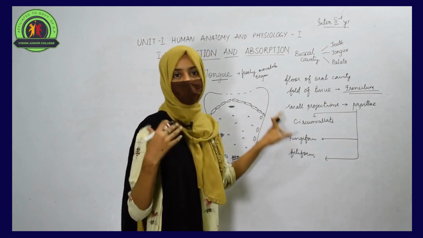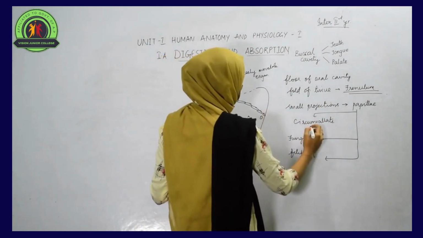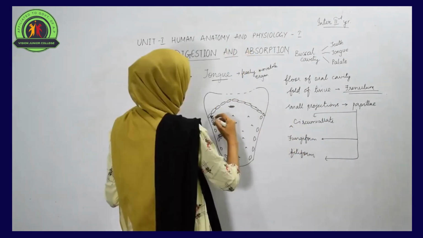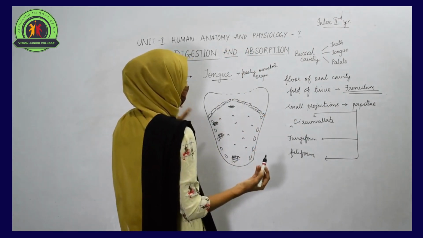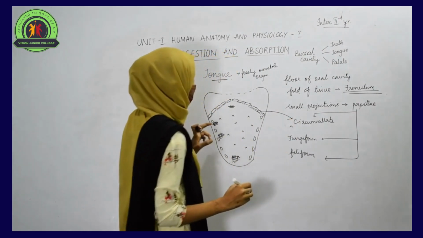Circumvallate papillae are the largest papillae that are present on the surface of our tongue, and these are arranged in an inverted V shape.